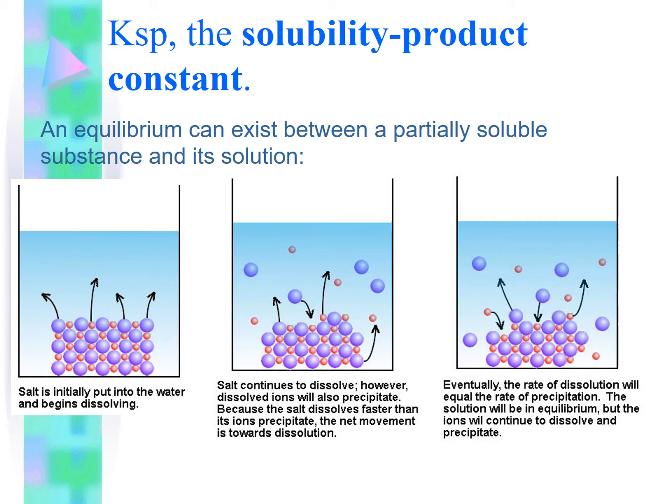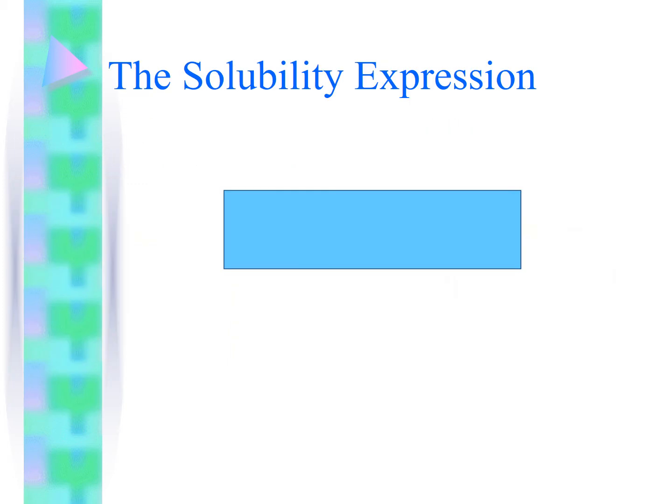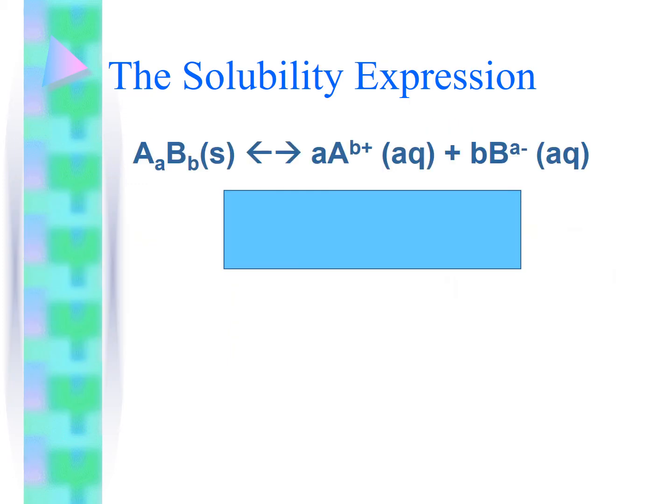So we can quantify those relationships between what's dissolved and what's still in the solid form with a KSP, or solubility expression. So if I have a reaction like this, generic salt AB dissolving into its ions, remember that you're going to write the KSP this way.